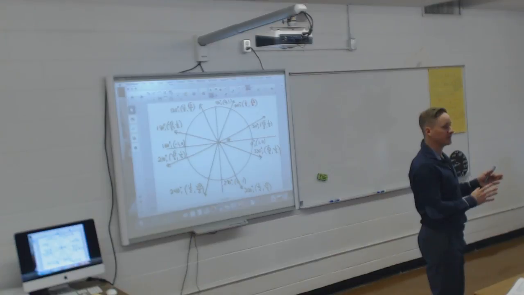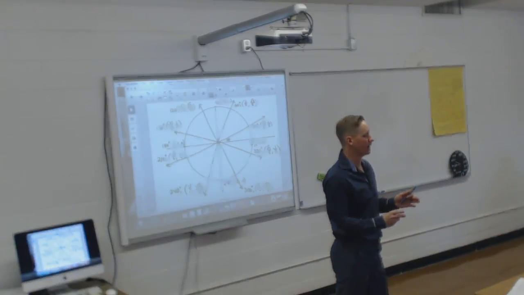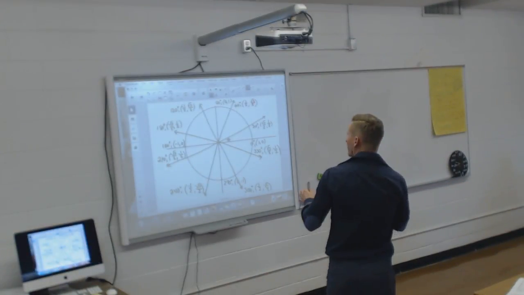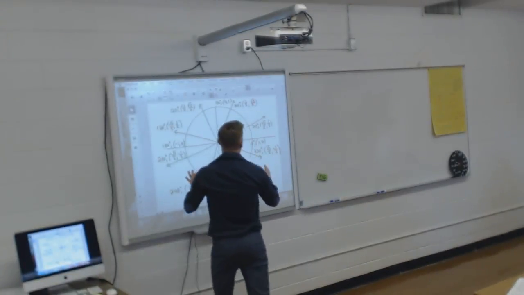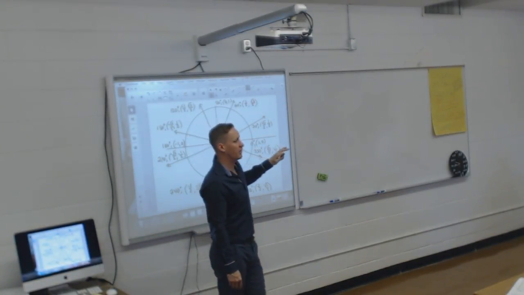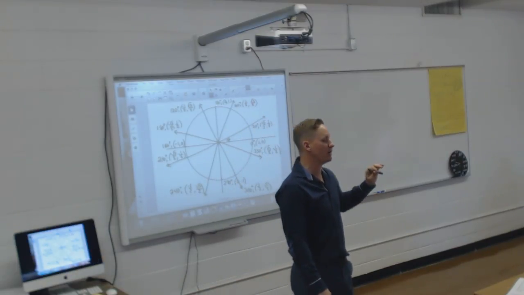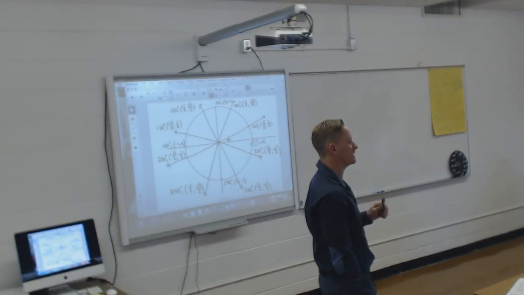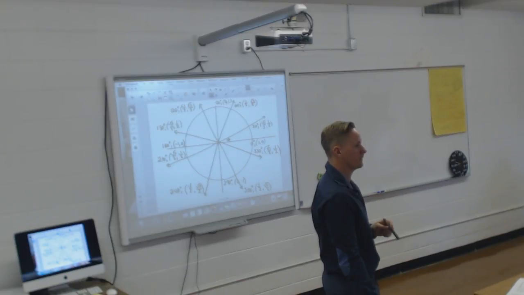All right, now I haven't done the 45s yet. We'll do that later. But for right now, I want you to get a grasp of the 30, 60, 90. The ratio values, 1/2 and root 3 over 2, do not change around that circle for a 30, 60, 90 triangle. All that changes is the negative value. And all of them are the same as whatever the reference value is in the first quadrant.